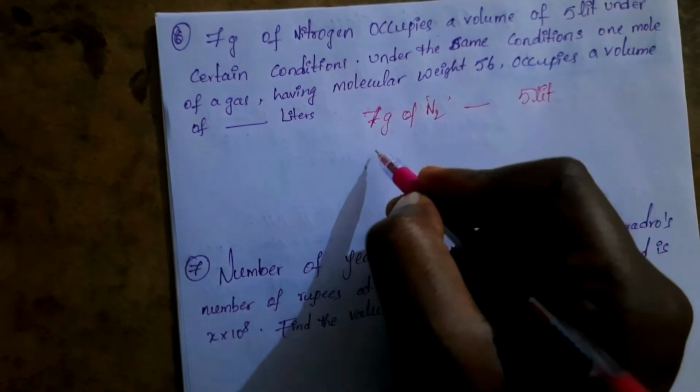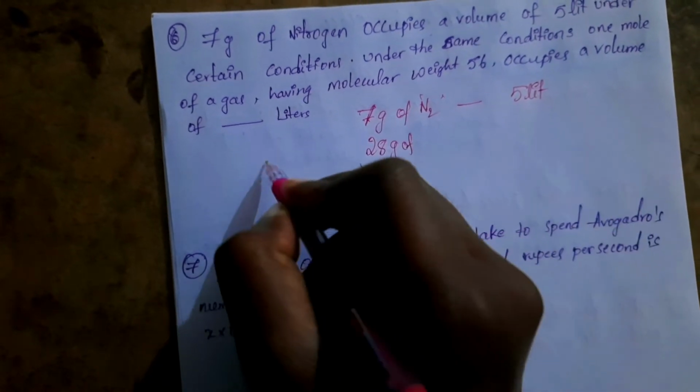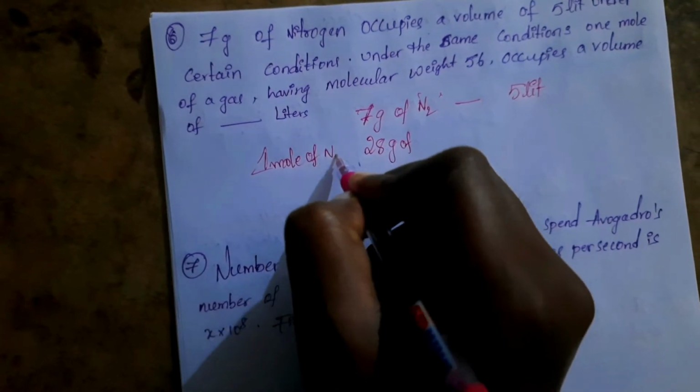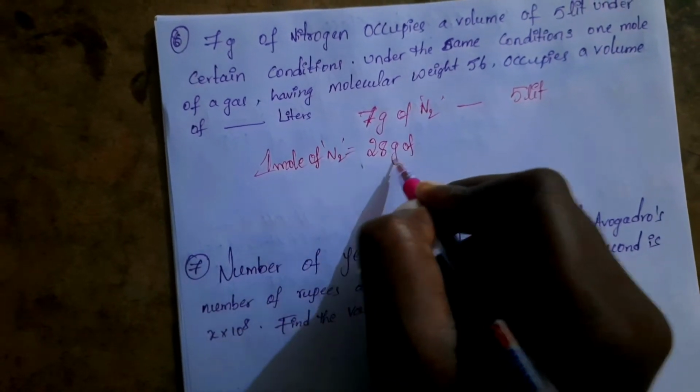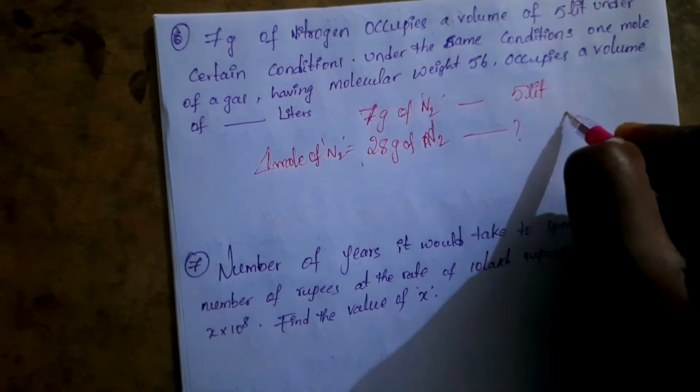So what happens if we take 28 grams? That is nothing but 1 mole. 1 mole of nitrogen is 28 grams, so how much will it occupy?